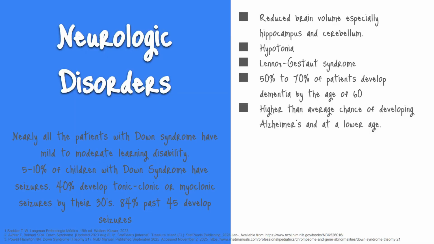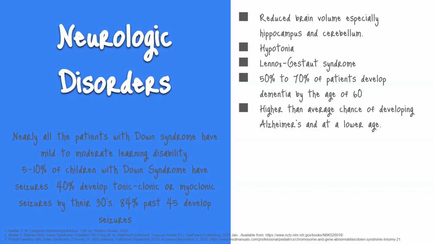Amyloid precursor protein, or APP, which is known to be associated with increased risk for Alzheimer's disease, is found to be encoded in chromosome 21, and trisomy of this protein is likely to be responsible for increased frequency of dementia in people with Down syndrome.